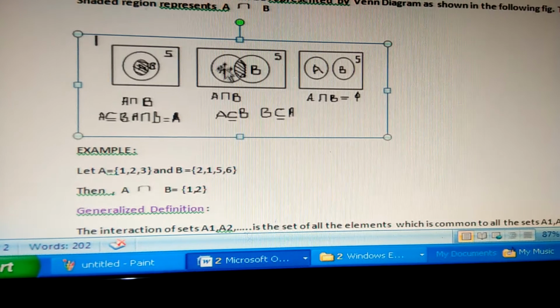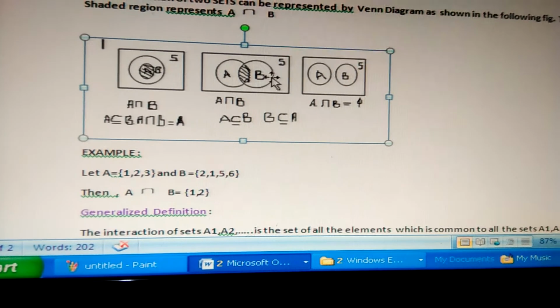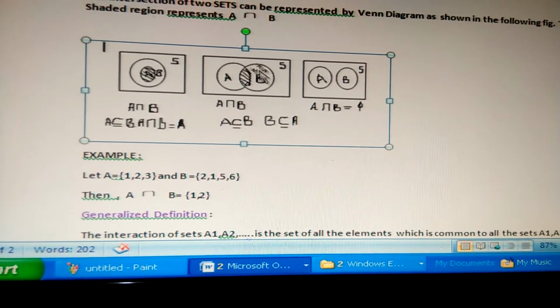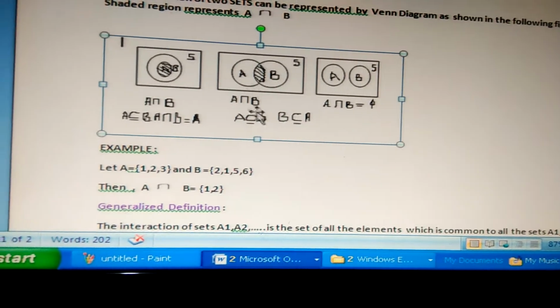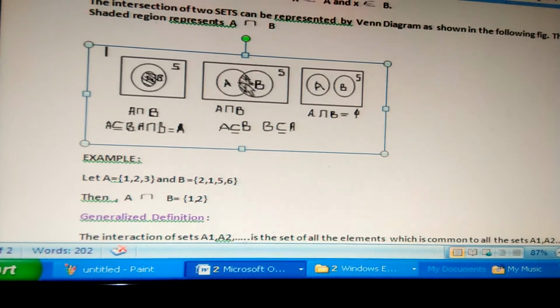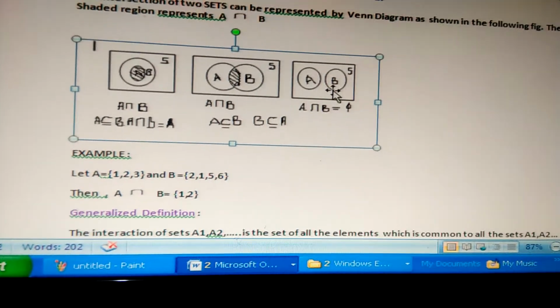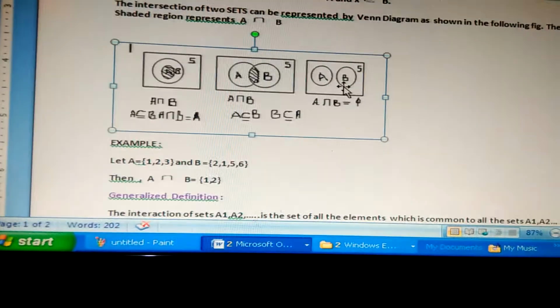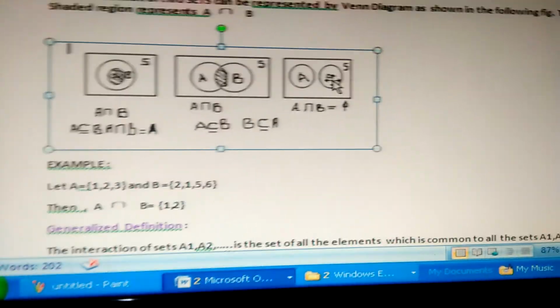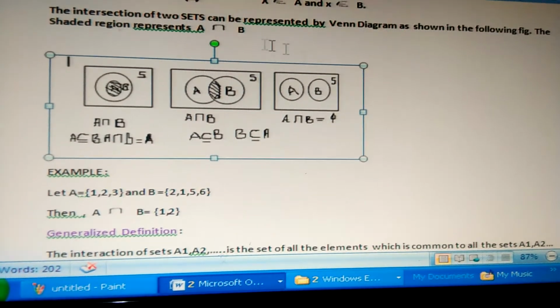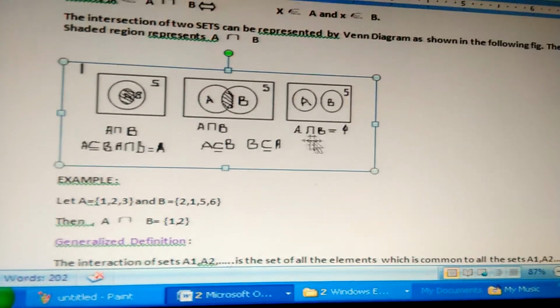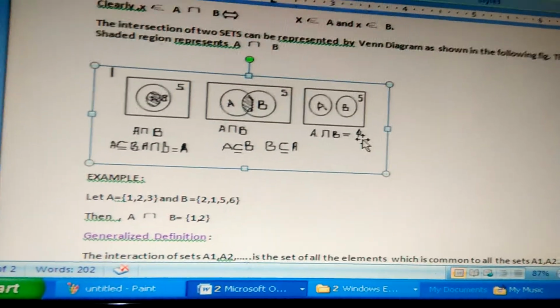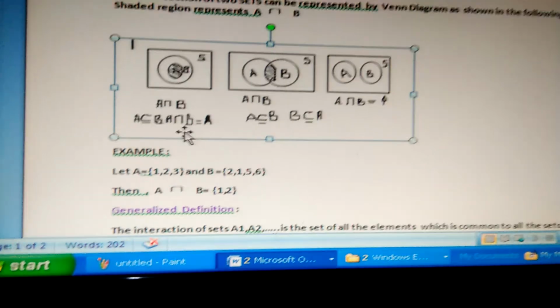Now here, some elements of A and some elements of B are common, so we can draw the intersection of A and B like this. And if no element of A and no element of B are common, then we can write A intersection B is equal to phi.